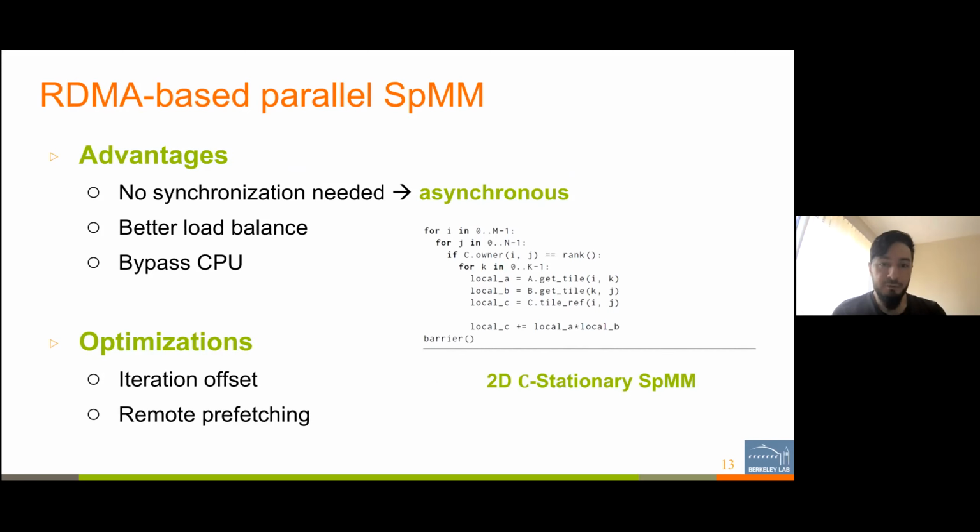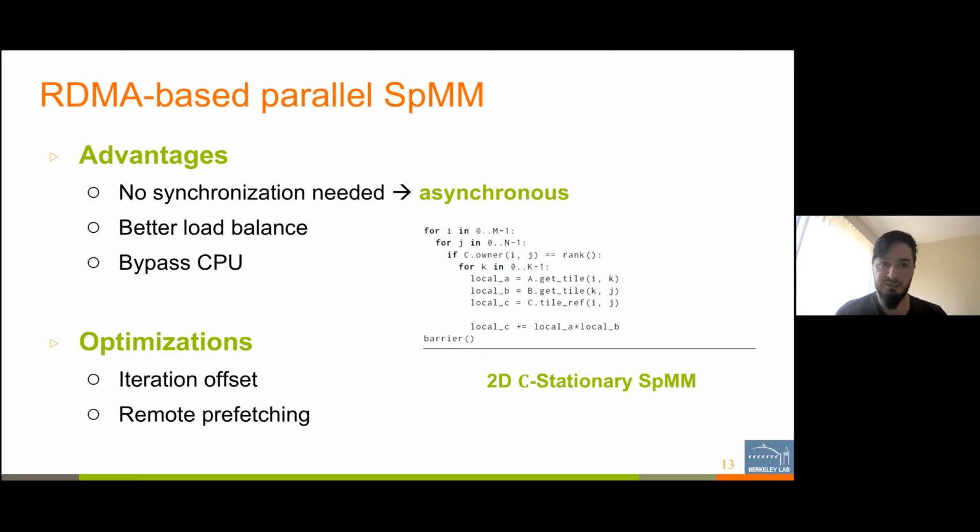There are some obvious advantages to the asynchronous approach. The obvious one is that there's no synchronization needed. This is more likely to result in better load balance. It also utilizes RDMAs, so it can bypass the CPU and the host memory, which can prove quite costly. There are also a couple of optimizations we apply here. The first is the iteration offset.